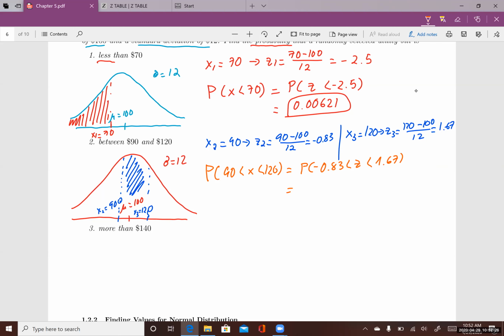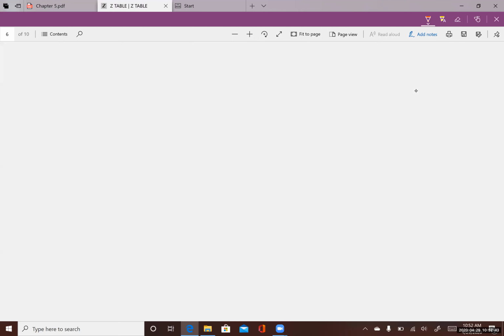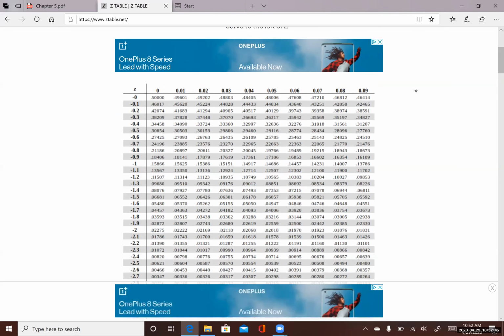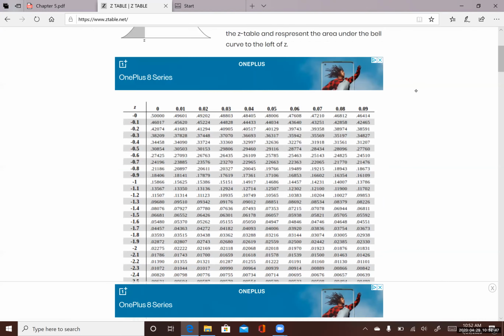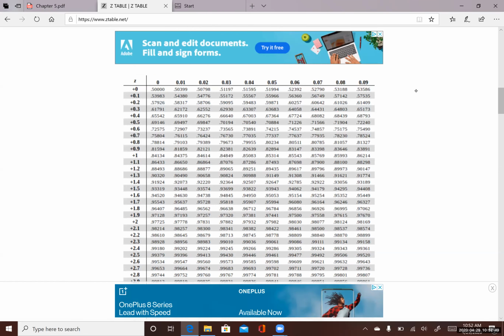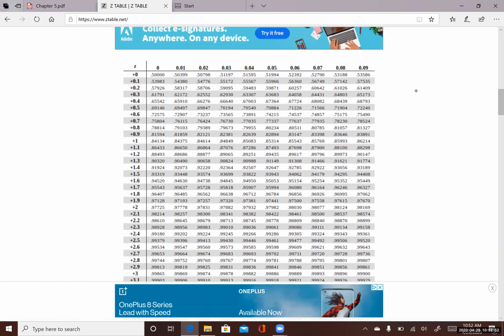It's the same as the probability of z less than 1.67 minus the probability of z less than negative 0.83. So we need to find the probability to the left of 1.67. 1.6, 7 is 0.95254.